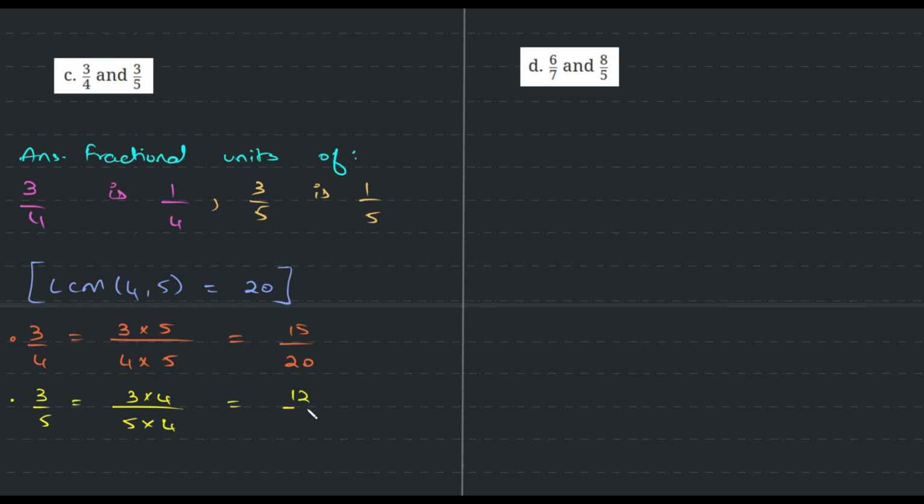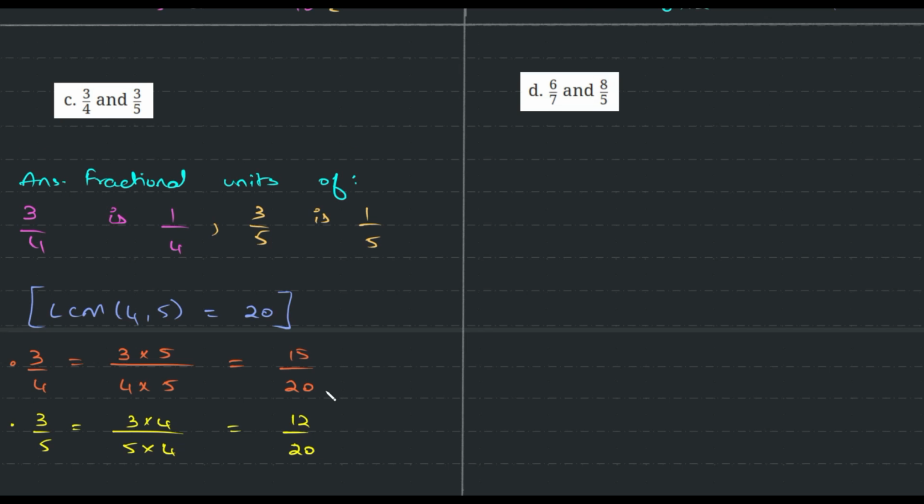So this is equal to 12 by 20. I hope I'm not too fast over here. LCM of 4 and 5 is 20. Now, to convert 4 to 20, I should multiply with 5. To convert 5 to 20, I should multiply with 4. That's why we are multiplying with these numbers. That's how I'm deciding.